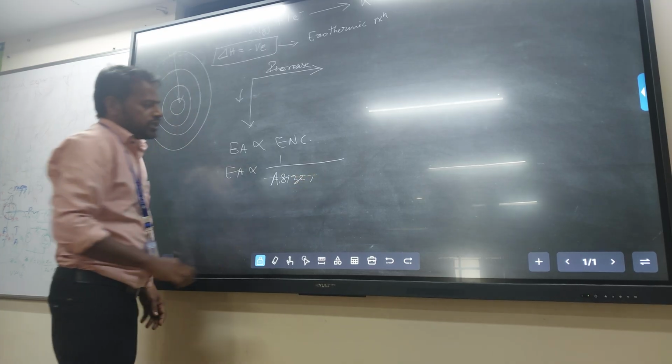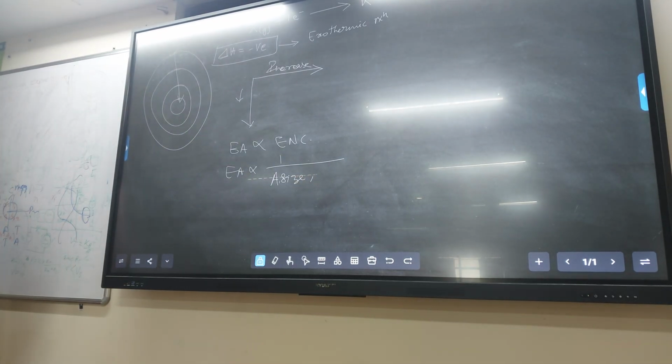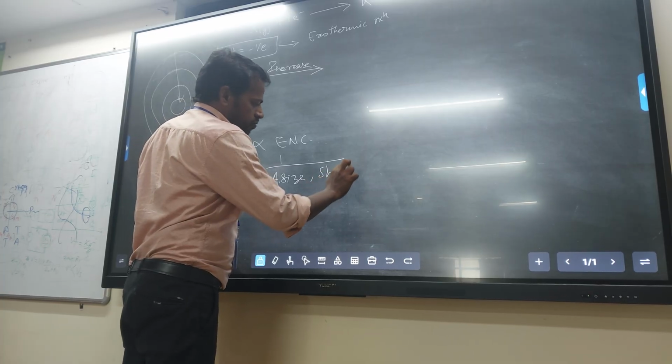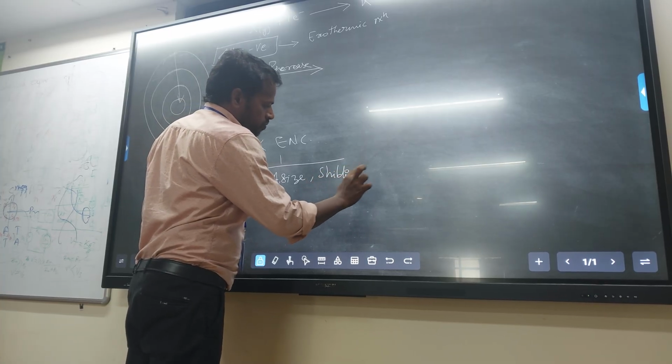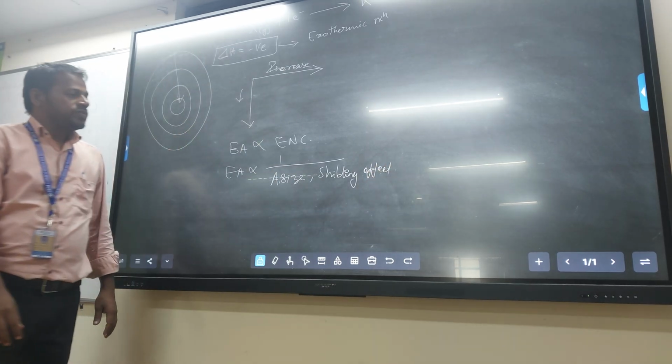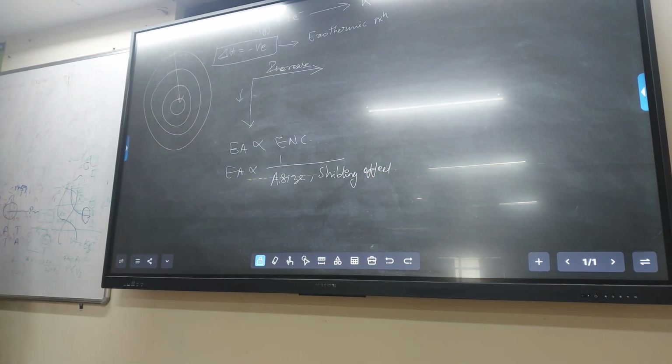Shielding effect is another factor, and it is also inversely proportional.